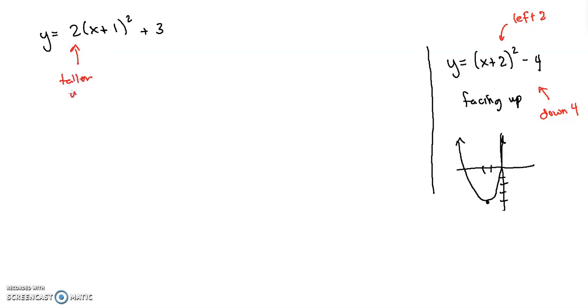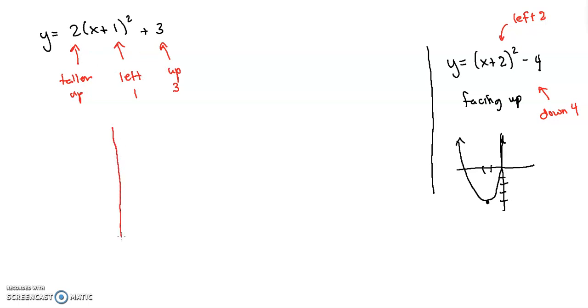Okay, and it's positive, so it's facing up. Plus 1 on the inside. Inside is left and right, and opposite what you'd expect. So this is going to take us left by 1. And then outside is up and down, so it's going to take us up 3. Okay, so we're going to go left 1, up 3. Doesn't matter the order. Left 1, up 3. And it's going to be a little bit taller and skinnier and facing upward.